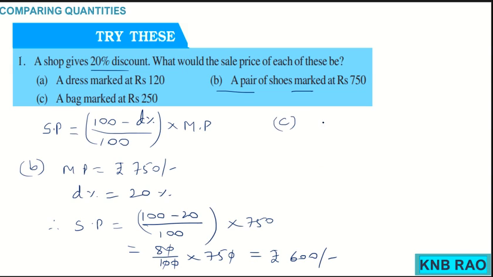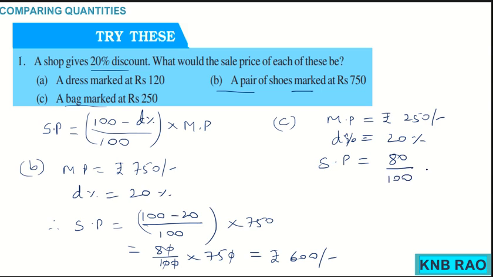Now coming to the sixth question, a bag marked at rupees 250. So market price is rupees 250 and the same discount percentage, which is 20%. Therefore SP will be, I am writing straight away, 80 upon 100 into 250.